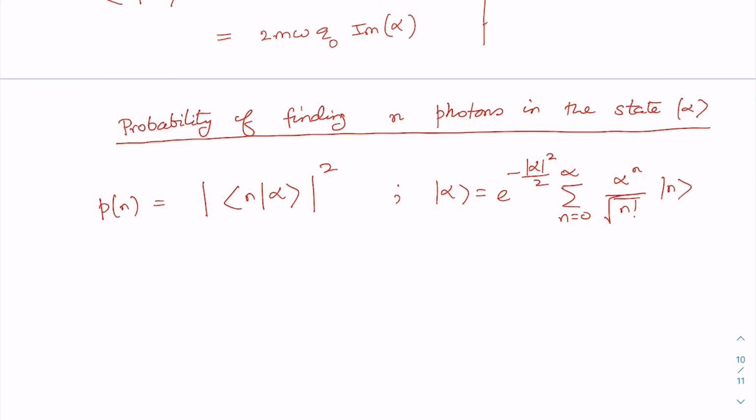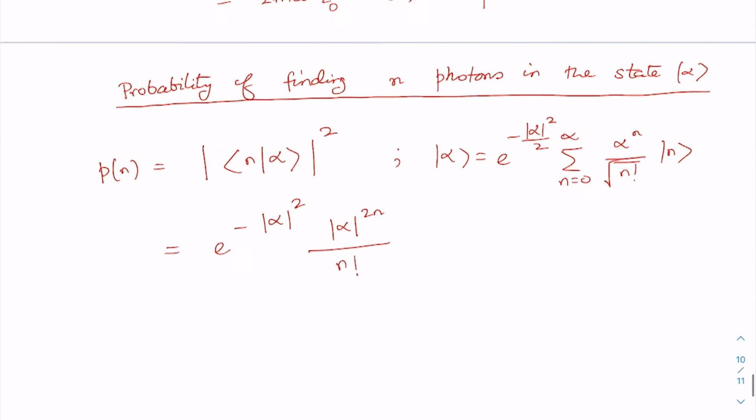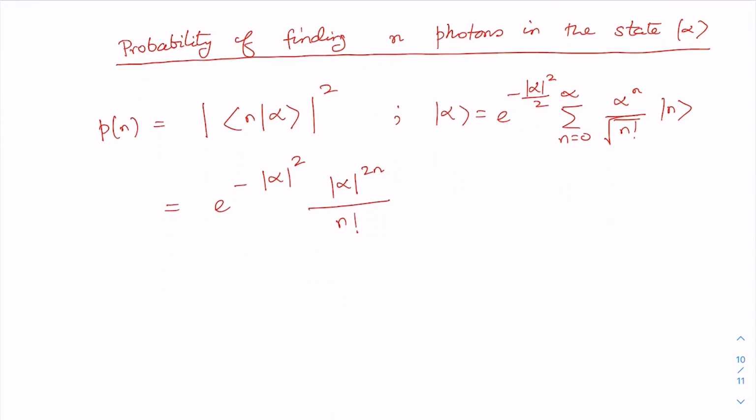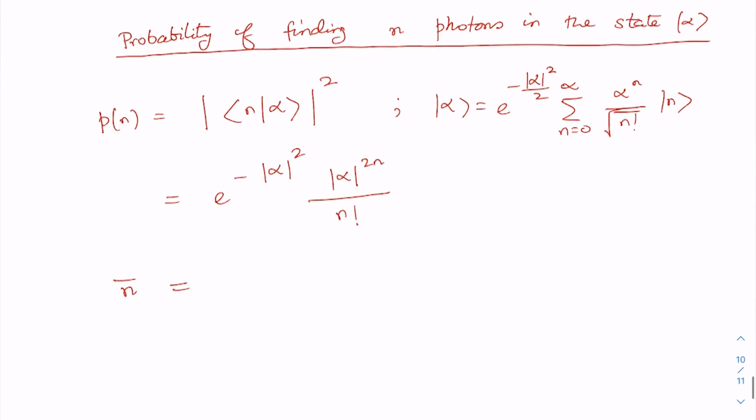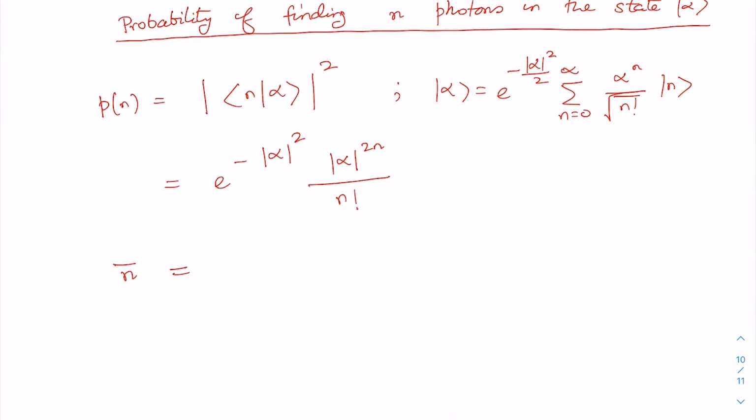So immediately you should be able to get this expression. It would be e to the power minus mod alpha square, mod alpha to the power 2n, divided by n factorial. Now also note that the mean number of photons, or mean number of quanta in the coherent state, is given by this expression.